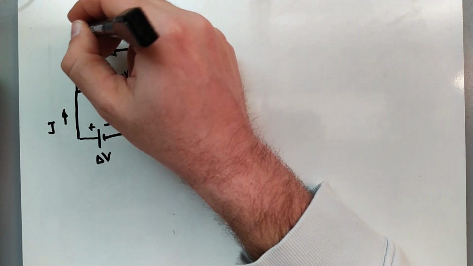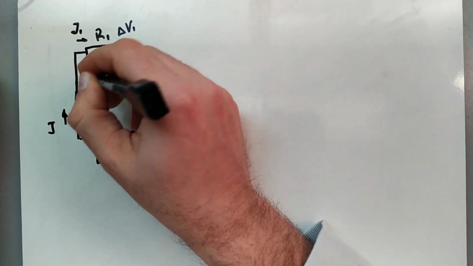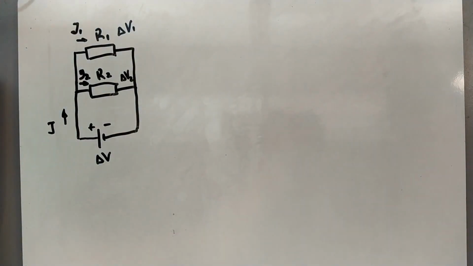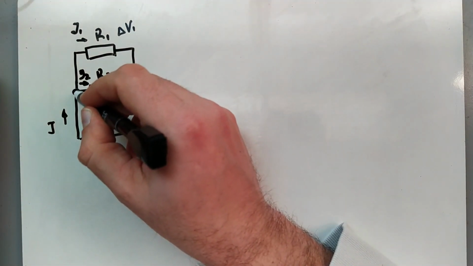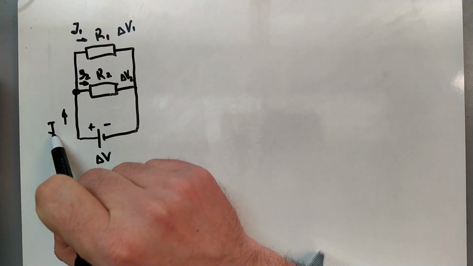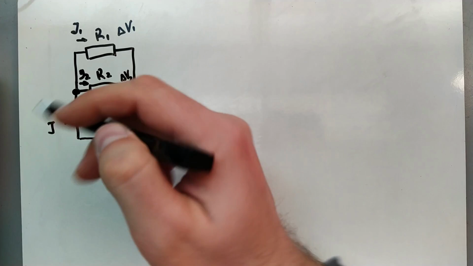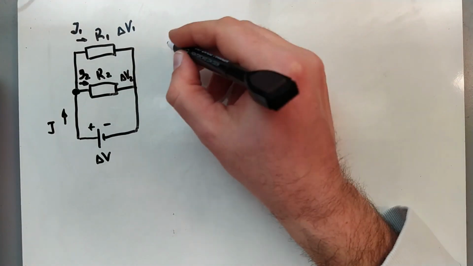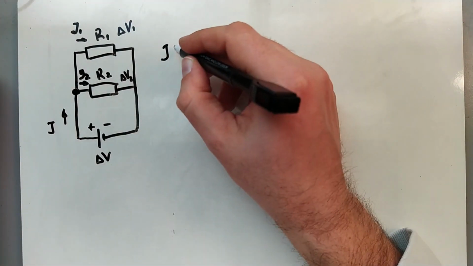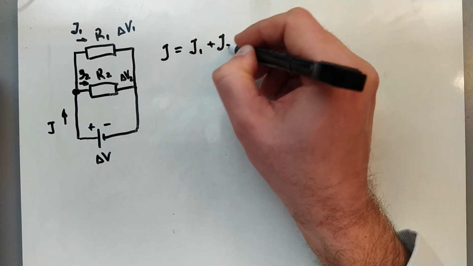It will be I1, and current through resistor R2, I2. So here we have some junction, and this current I will split in two components, I1 and I2. And from conservation of electric charge, we can write that current I is equal to I1 plus I2.